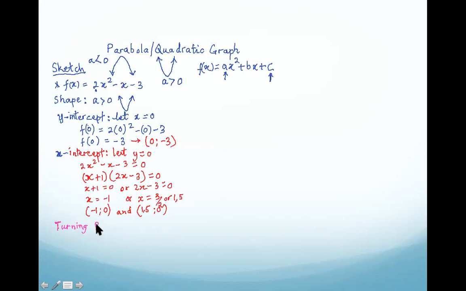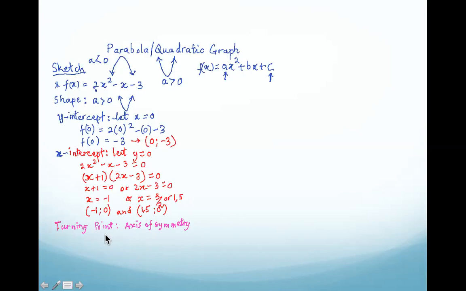What we need to do at the turning point is find the axis of symmetry first. Now, what is the axis of symmetry? It is the x coordinate of the turning point. So a turning point has x and y.